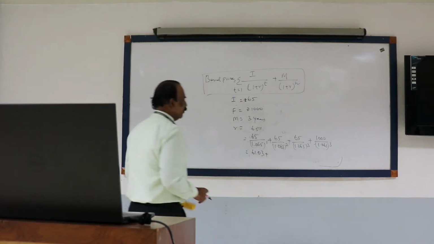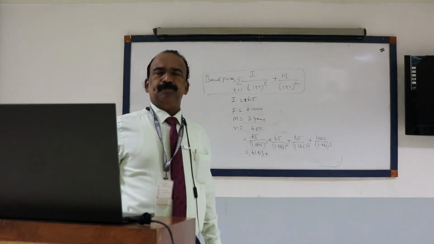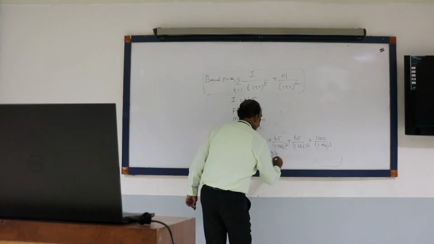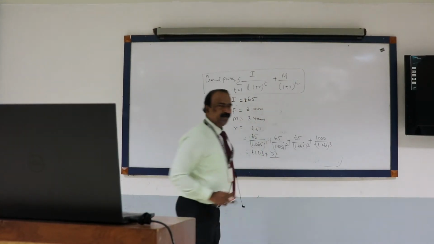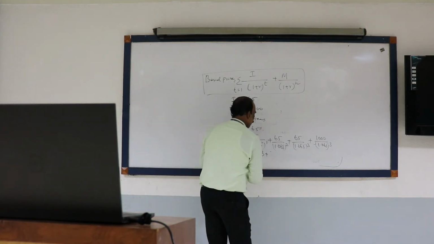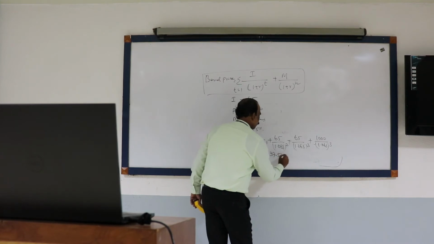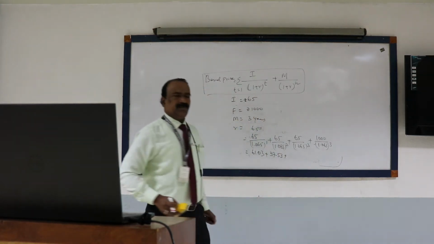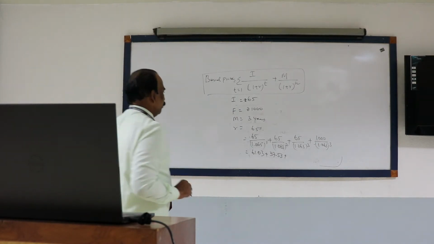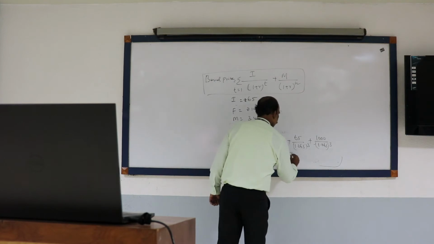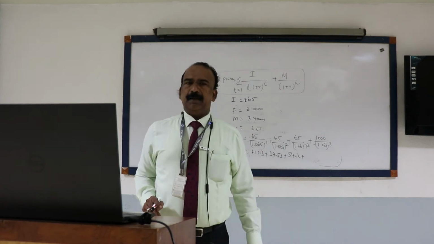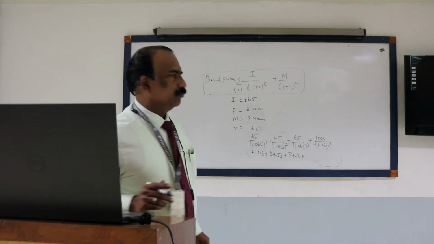Plus 65 divided by 1.065 power 2 is 57.531, make it 2 decimal only, so 57.53. Plus 65 divided by 1.065 power 3 is 54.16. Plus 1000 divided by 1.065 power 3 is 833.34.